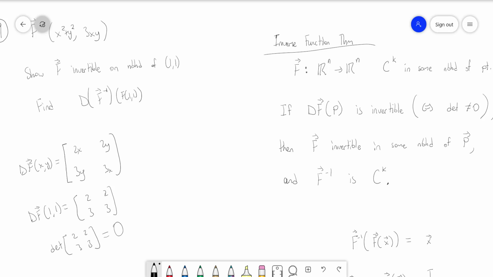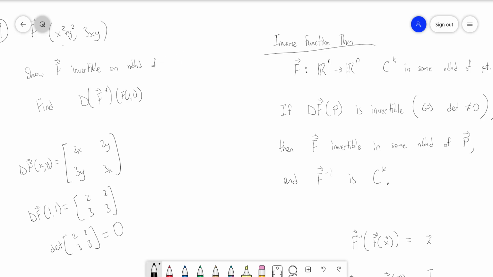So my suspicion is that there is a mistake in the problem, so I'm double checking everything. Is the function copied down correctly? It is the point 1, 1. But you plug in 1 and 1, and it's definitely not invertible. So the problem is not working out, but that's okay.